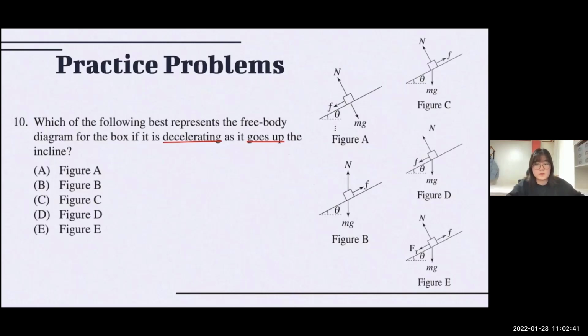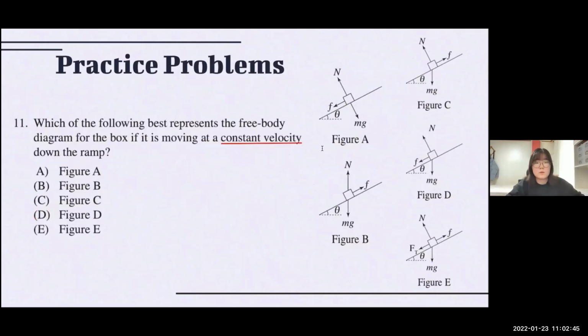Then we're left with choice D. Question 11 says, which of the following best represents the free body diagram of the box if it is moving at a constant velocity down the ramp? The constant velocity means there is no acceleration to change velocity, which means net force equals 0, according to Newton's first law of motion. All forces need to cancel one another, which leaves us with choice C.